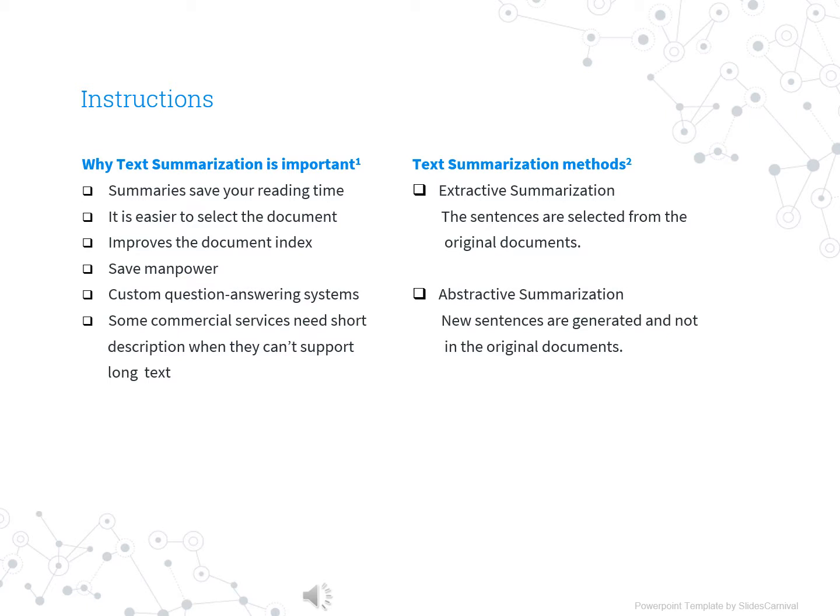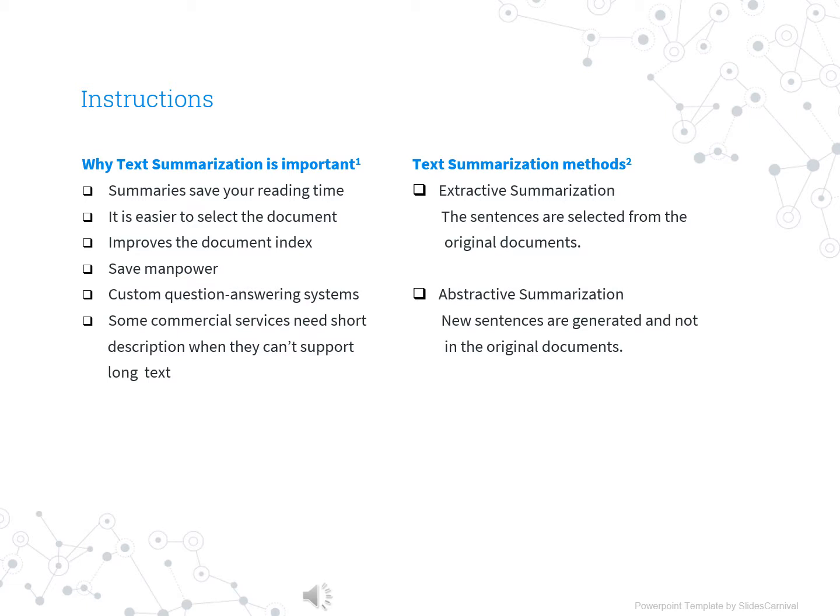It is impossible for an answer machine to answer a question with very long text. It must be a short description, and the short description is also used in commercial services, such as Apple Watch, to display a very short description, such as news, weather, or something else. But it cannot be long text on the watch.